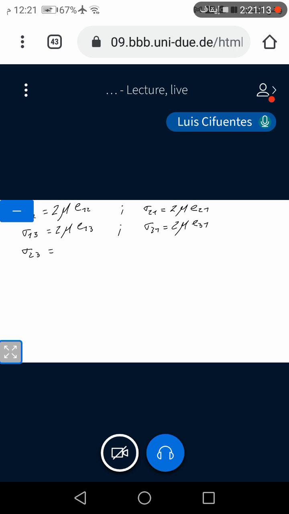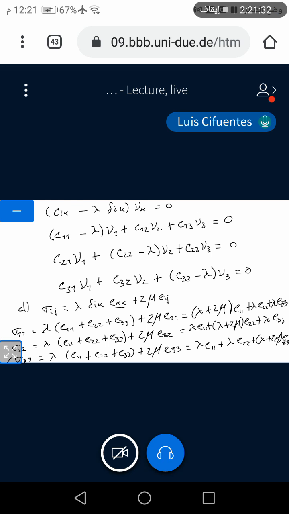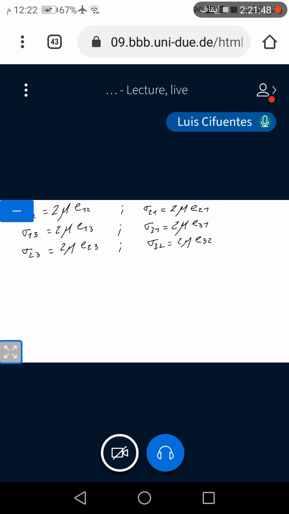The other component sigma 23, and sigma 32 is the last one, 2 nu e32. So we have for the diagonal these 3 solutions, sigma 11, sigma 22, sigma 33, and for the non-diagonals, the other components.